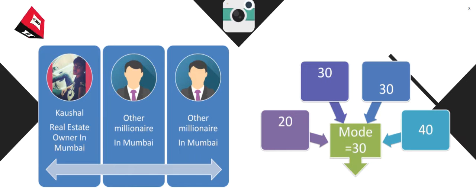Here 30 acres is repeated. So most of the real estate holders hold 30 acres. So 30 acres, or 30, is the mode.